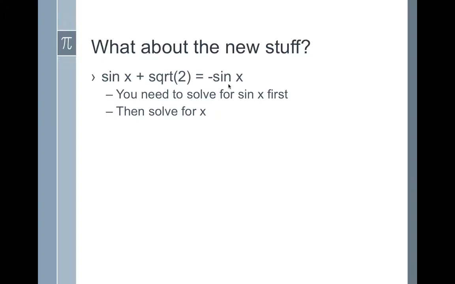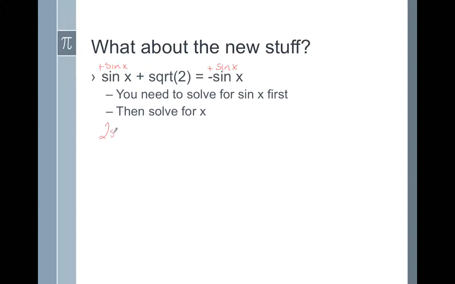And that's where our circle comes into play. So we're going to do the same thing. Pretending this is a variable, we're going to add sine of x. Now, you have to remember that we are dealing with an equation and we're trying to solve. We're not verifying anything anymore in this section. So we can add across the equal sign.